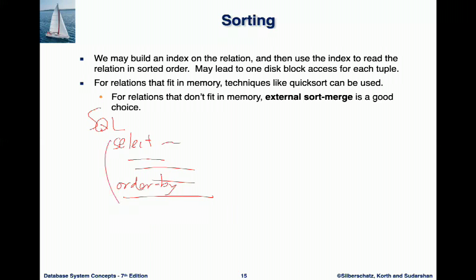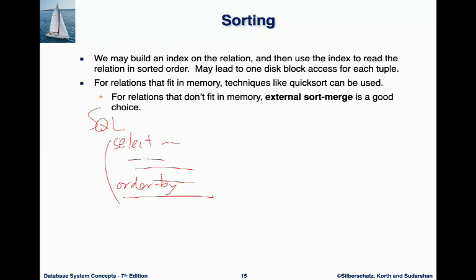For example, I may be interested in seeing certain people based on their salary levels, from the richest to the other. So we want to sort records in many cases, okay?